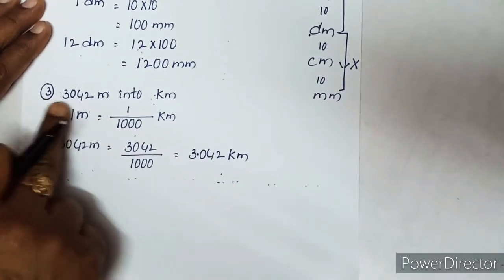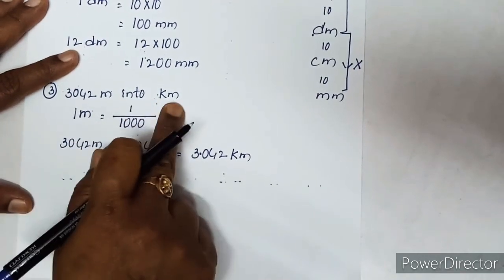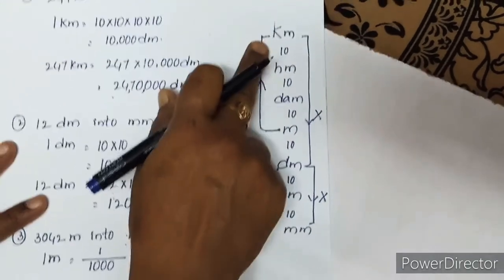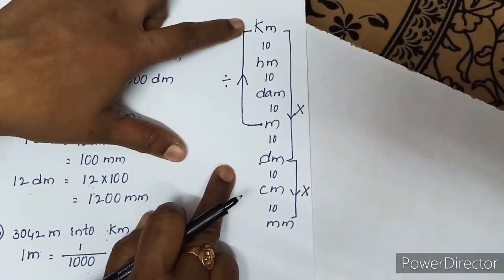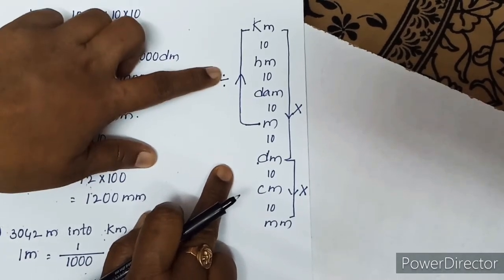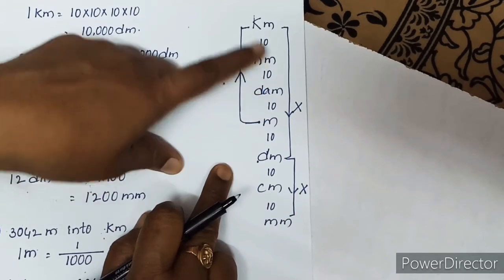Now come back to the question. The question is convert 3042 meters into kilometers. So here we are converting smaller unit to higher unit. When you are converting smaller unit to higher unit, you need to divide. We are going 3 steps in the upward direction. 1, 2, 3.